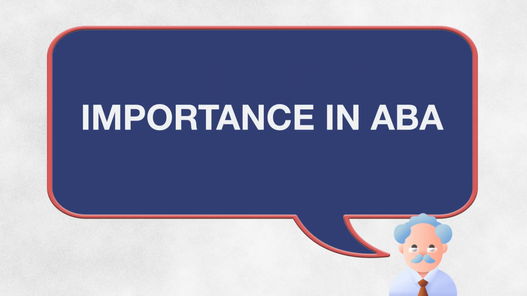Discrimination training is a key component of ABA because it helps clients develop essential skills needed for communication, learning, and independence. It teaches them to recognize and respond correctly to different words, objects, and social cues, helping them navigate real-world situations.